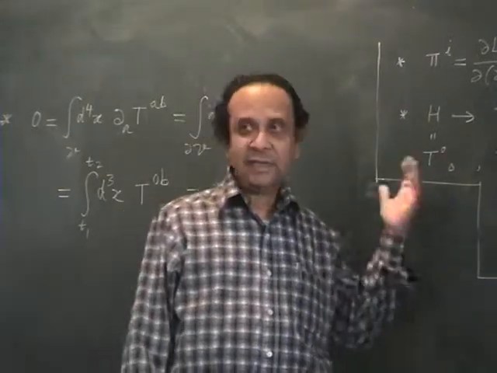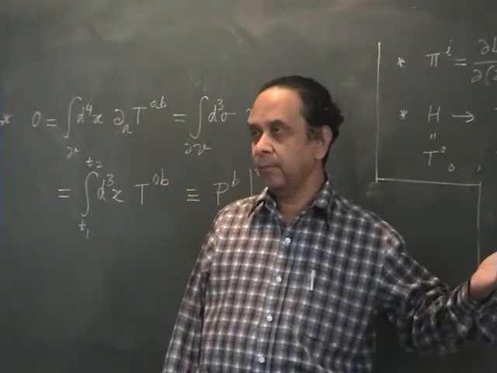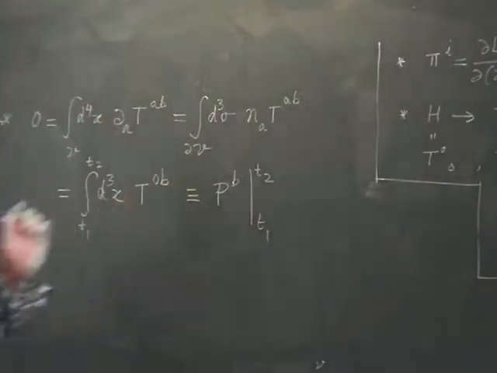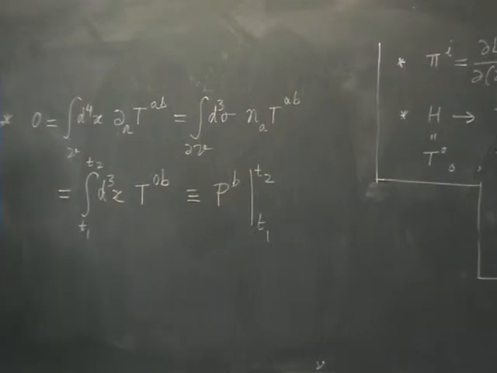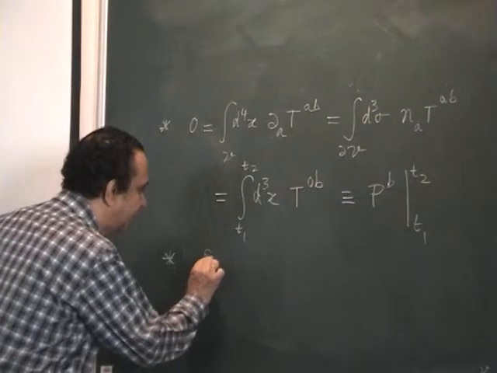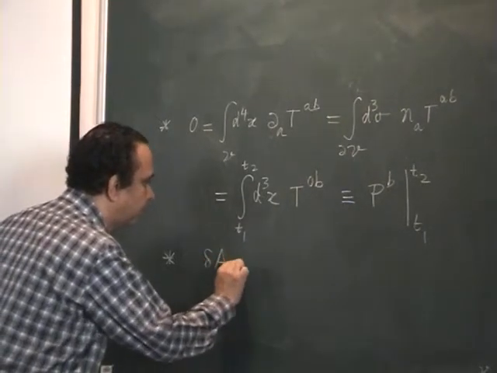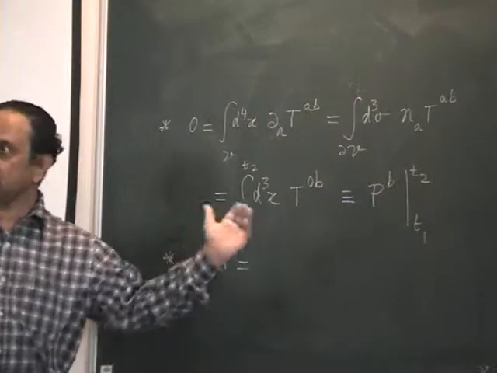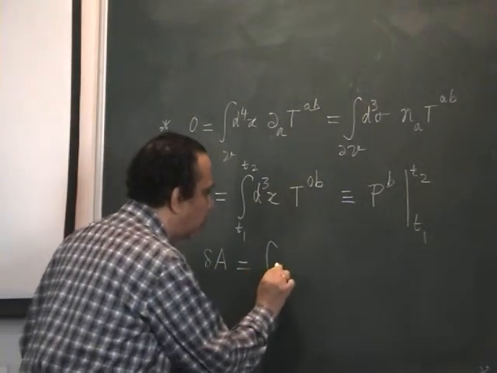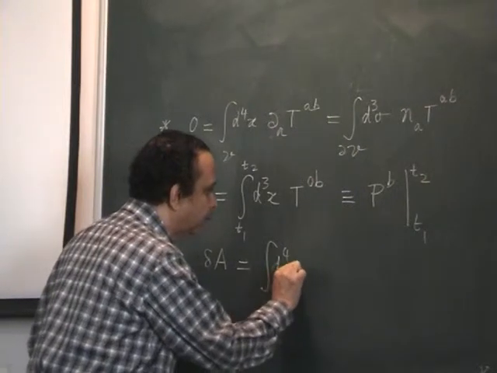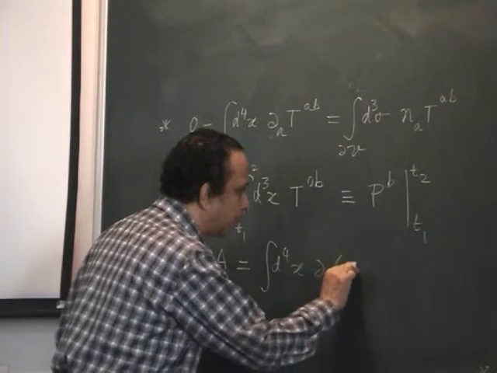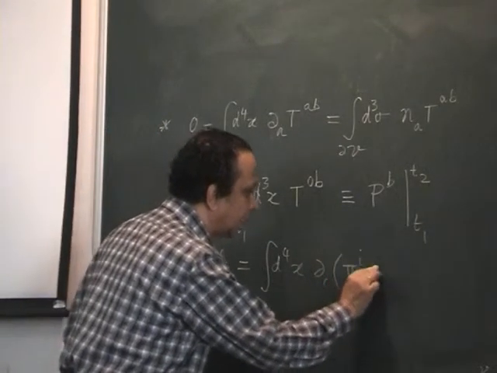Now the variation of the action which I wrote down, when the endpoints are varied, also takes care of itself. For example, when we calculated the delta A for the field, you had the equations of motion term, then you had this integral over d⁴x of ∂_i of π^i δφ.